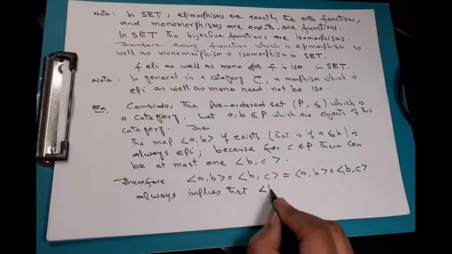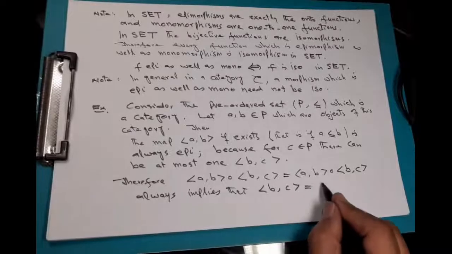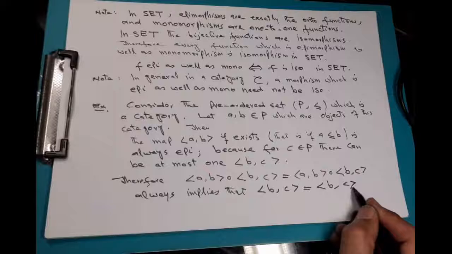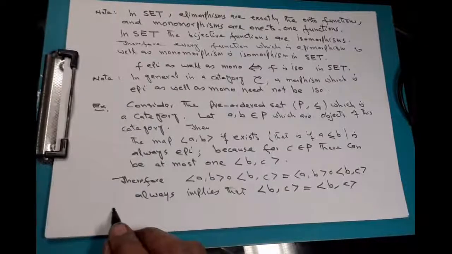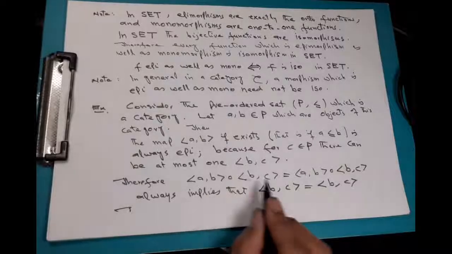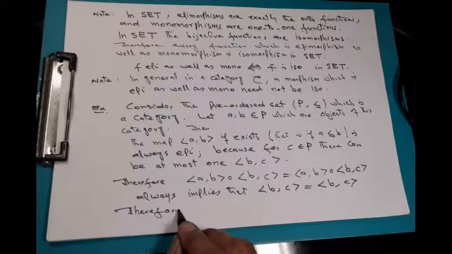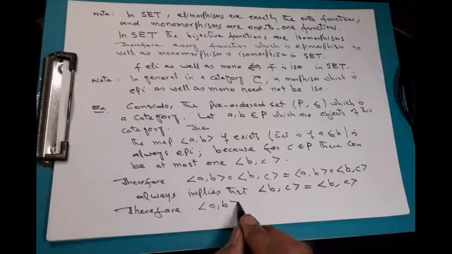This implies that BC taken as G is equal to BC taken as H. Therefore, AB is epi, because this arrow is left cancelable. Therefore, this particular arrow AB is epi.